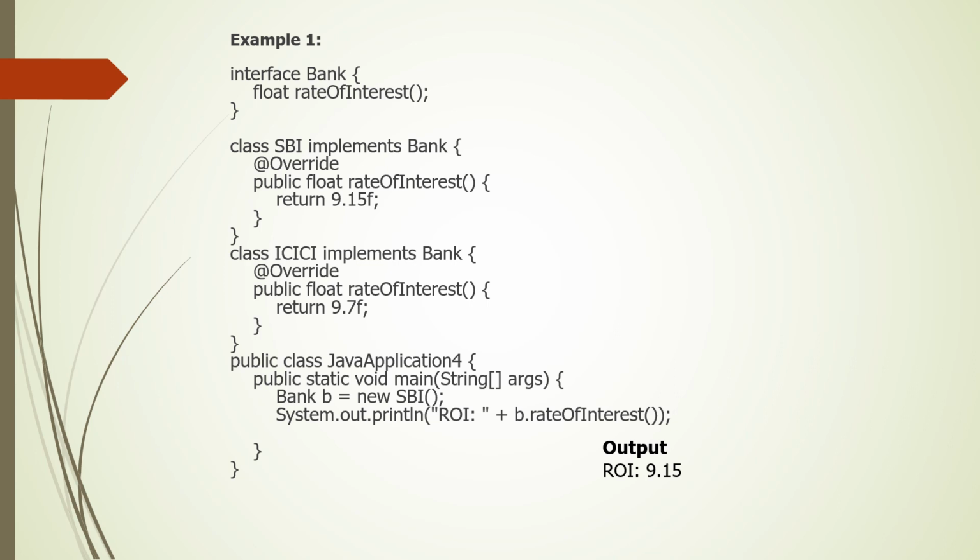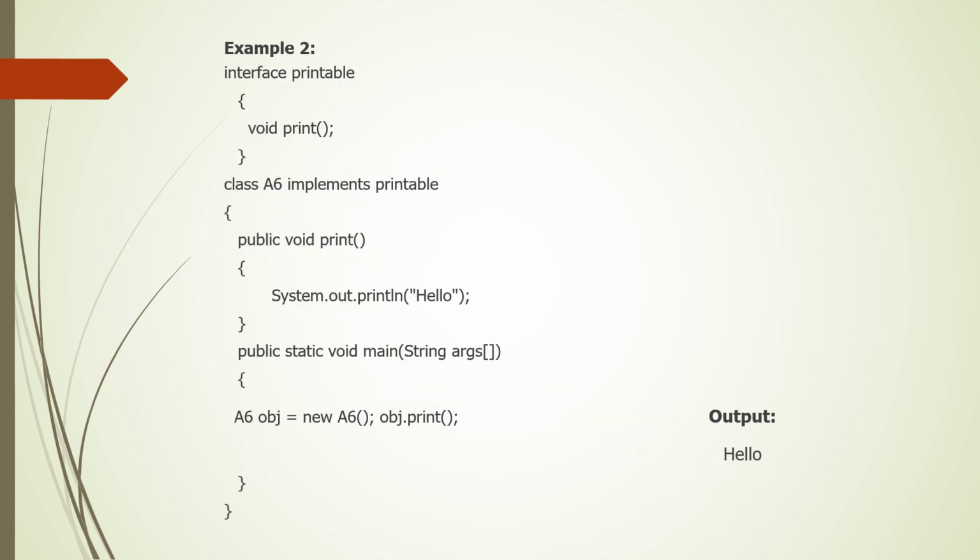Bank b is the object for the interface, and it refers to the class for which the object is created, SBI. So System.out.println prints the rate of interest, ROI colon. If it is SBI, it will go to the SBI class and return the value 9.15.